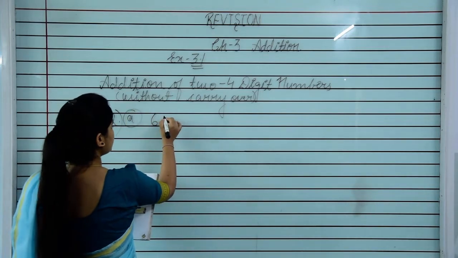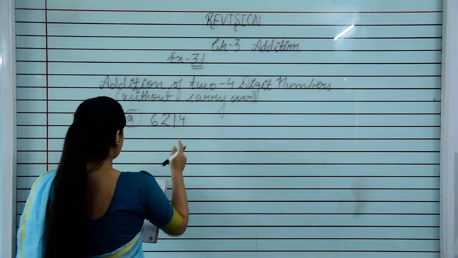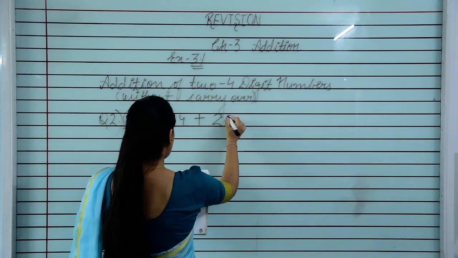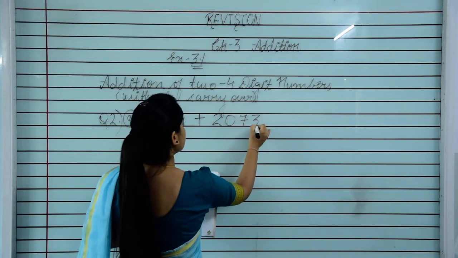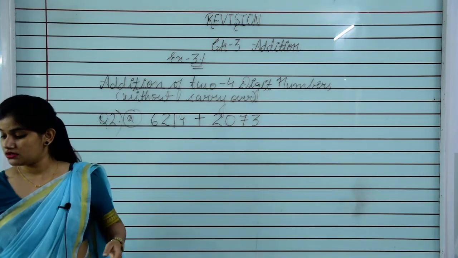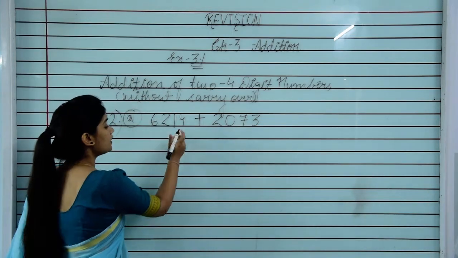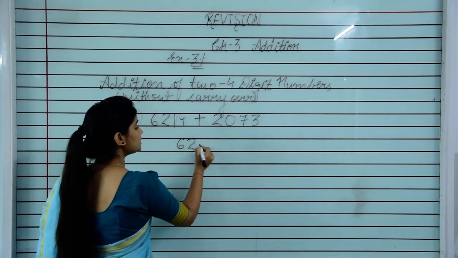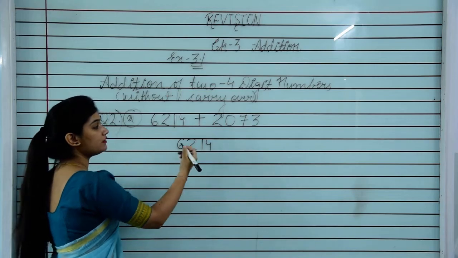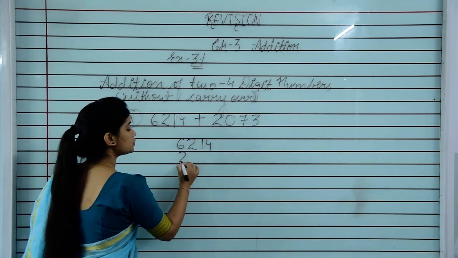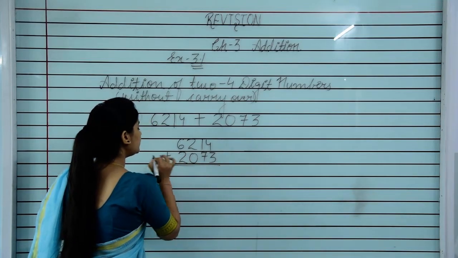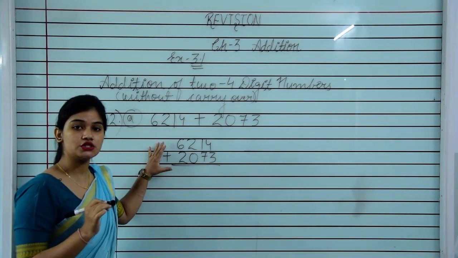The first number is 6214 and the next number is 2073. So look here students, first of all we have to write the first number, that is 6214, then we'll write the next number, that is 2073. Now we have to find the sum of these two numbers.